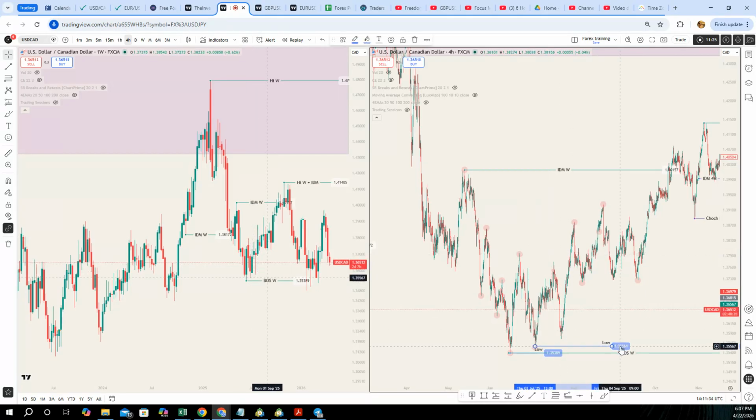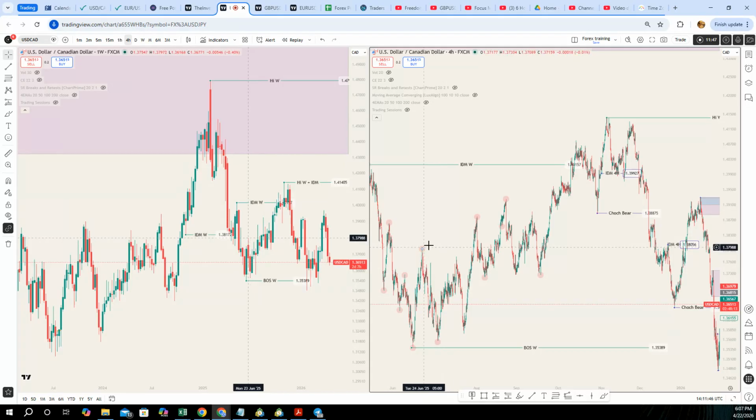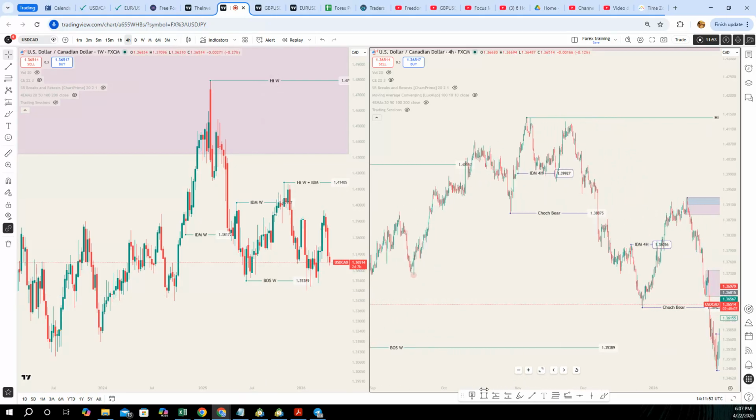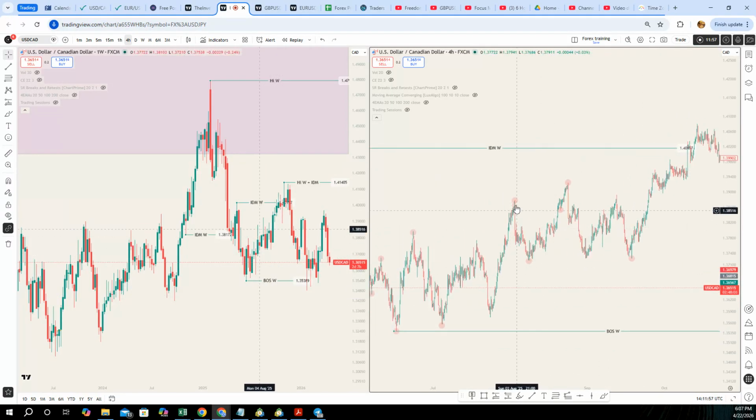We need to delete this. And we need to delete this. So this structure has been hit. So this is the low. And this is the inducement.